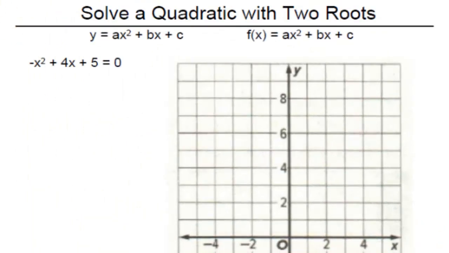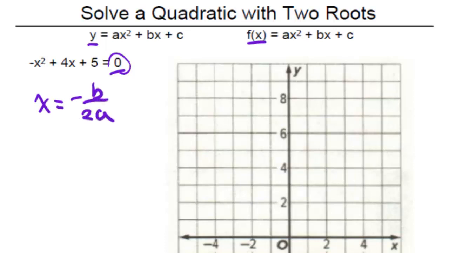So the first thing I got to do is make sure that the y value or the f of x value is equal to 0, because they are called zeros of the function because when you put a value of x in, they output a 0 for y. So we want the y value over here to be a 0. And the first thing I want to calculate is the axis of symmetry. And the axis of symmetry again is -b over 2a.